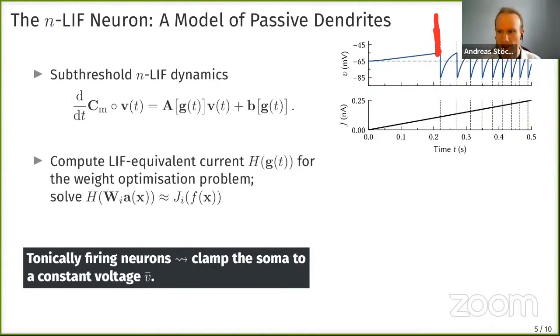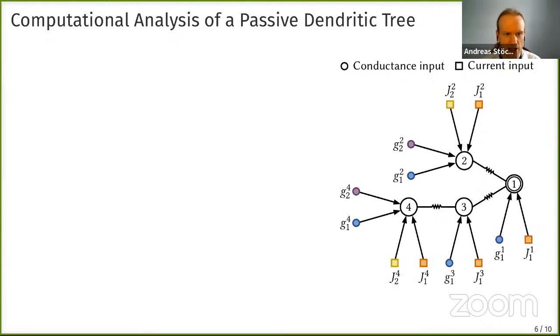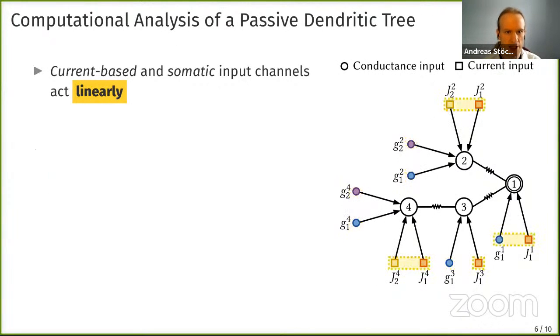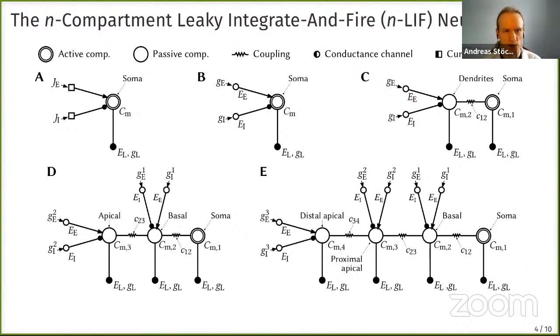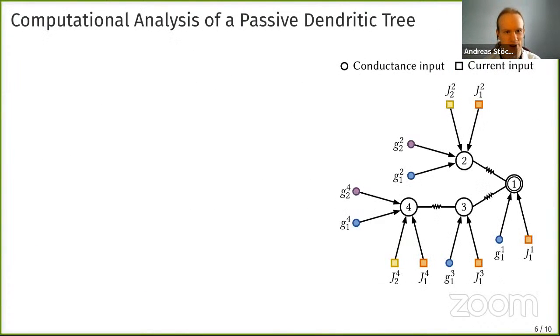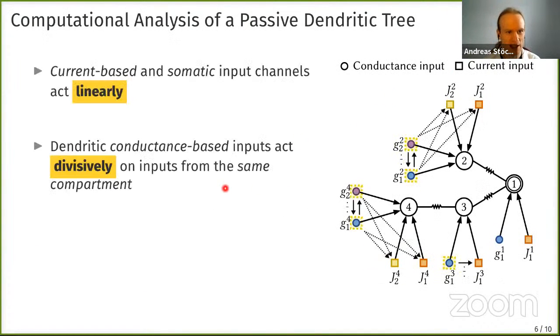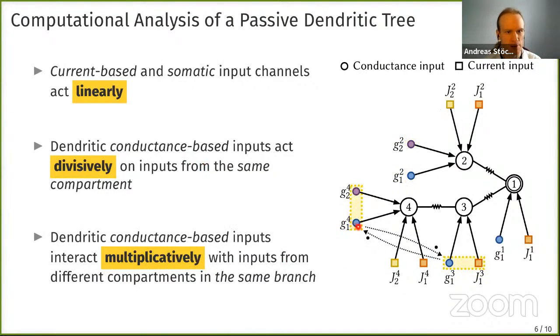And to answer your second question, maybe I went over this too fast. In the two compartment model, you can't get multiplicative interaction between the channels. According to these rules, you only get multiplicative interaction between input channels that target different compartments.